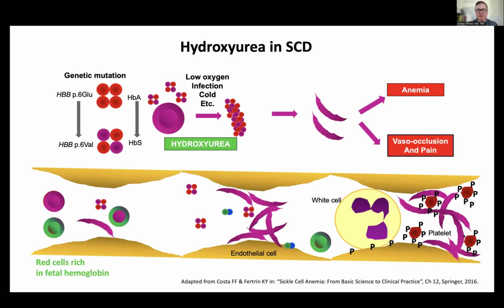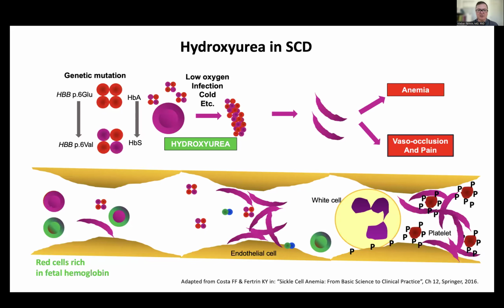Hydroxyurea will increase the production of red cells that are rich in fetal hemoglobin, which I'm representing in green. Fetal hemoglobin is a hemoglobin that we make before we're born, as fetuses. And it has an interesting property that it doesn't allow the sickle hemoglobin to polymerize.